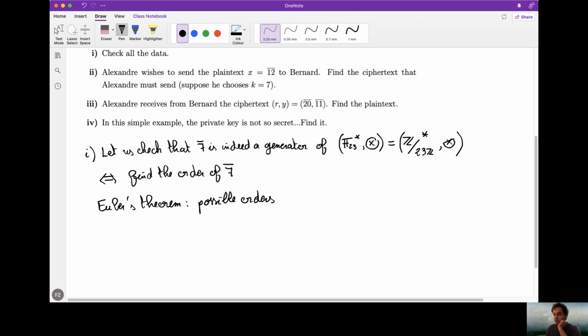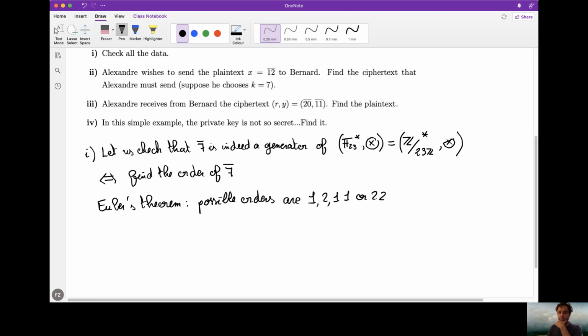Since we're working modulo 23 and we're taking the 0 out, there are 22 elements, and the possible orders are the divisors of 22. Well, there are not so many: just 1, 2, 11, or 22, okay?